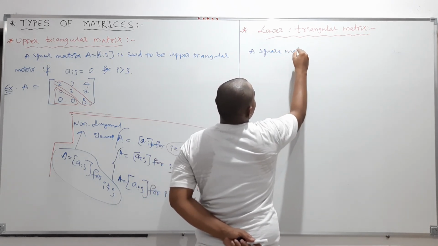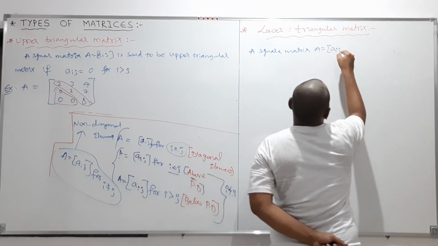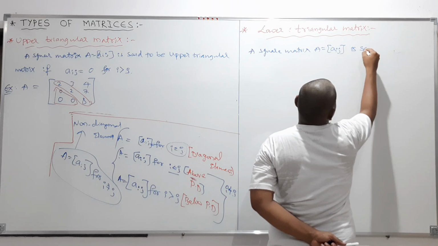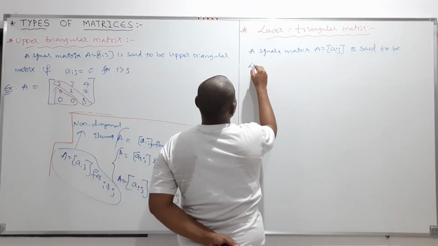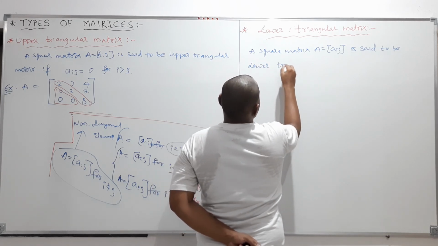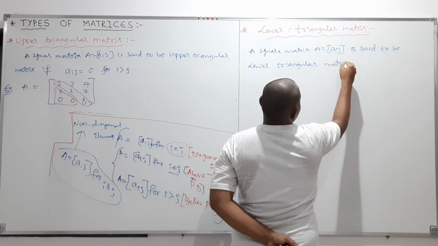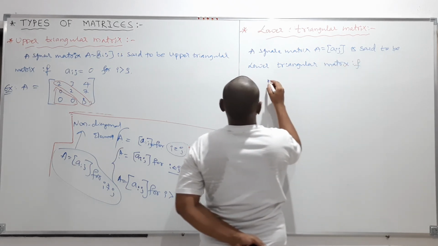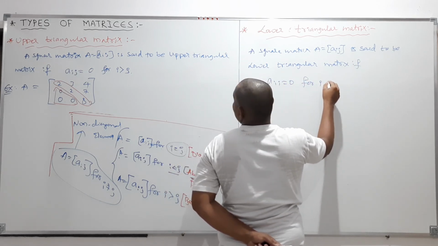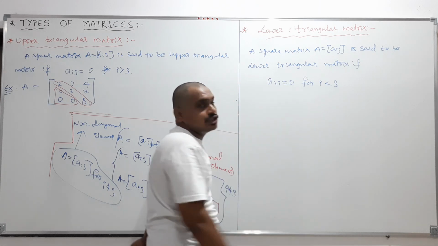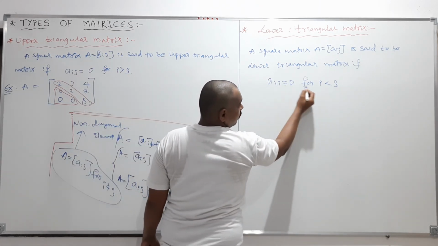A square matrix A = [Aij] is said to be a lower triangular matrix if Aij is equal to 0 for i less than j. Yes, my dear students, Aij value must be 0 for i less than j.